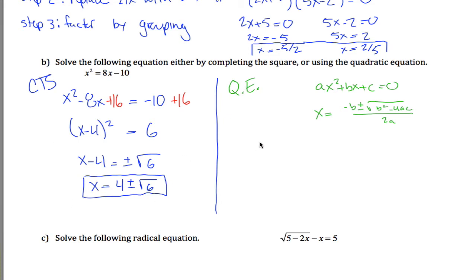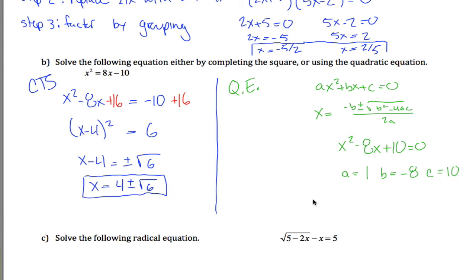That's fine. We got this equation. We need to get it into this form. So to make this look like this, I'm going to subtract 8x from both sides and add 10 to both sides. So I get that my a is equal to 1, my b is equal to negative 8, and my c is equal to 10.